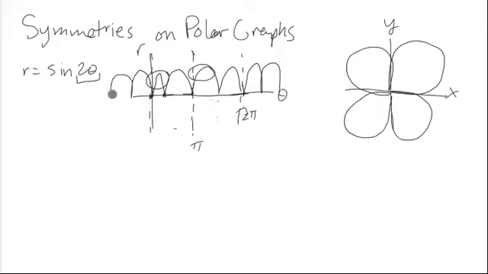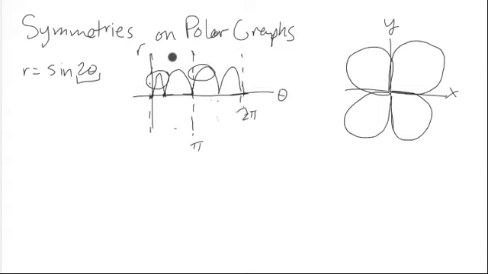Notice that the graph is symmetric about the axis pi, x equals pi, or theta equals pi, also 2 pi and 0. That tells us that this graph will be symmetric about the x-axis.